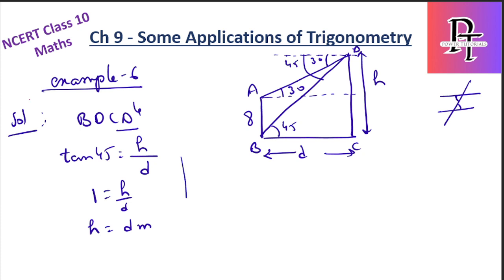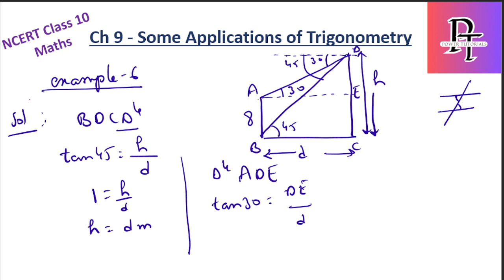Let's consider another triangle, the top one, ADE. Let's mark this as E. Now, in triangle ADE, tan 30 is equal to DE by D. If you see here, this 8 will be exactly the same as here.